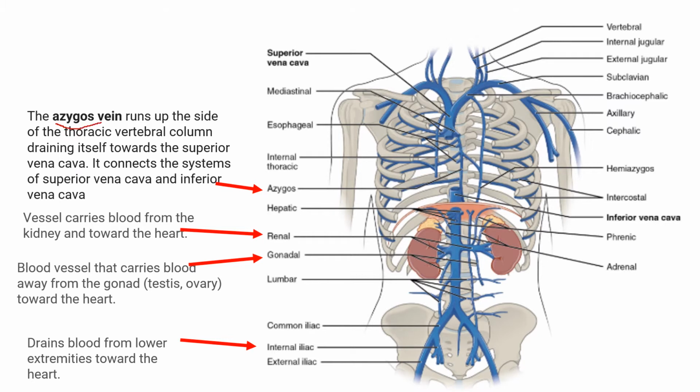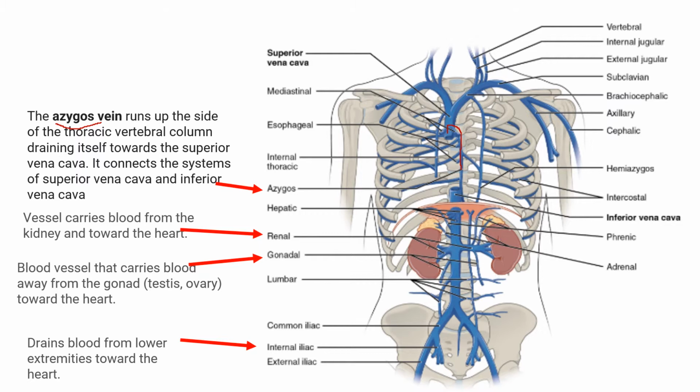The azygos vein runs up the thoracic vertebral column, draining towards the superior vena cava. As you see here, it comes up and drains towards the superior vena cava. It connects the systems of the superior vena cava and inferior vena cava.